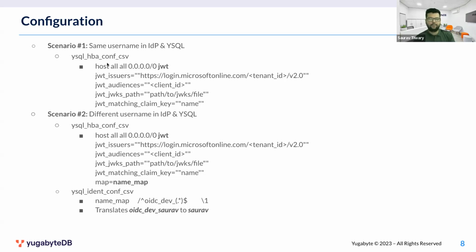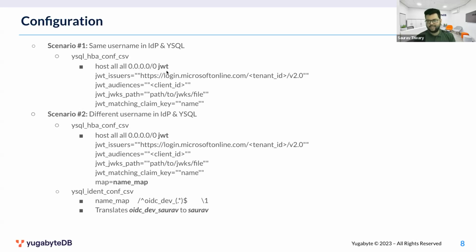So all just means I want to apply this authentication method for all the databases and for all the users. And then the fourth one, if you're using host, is the IP address of the client for which this authentication method should be applicable. So here we are accepting all.